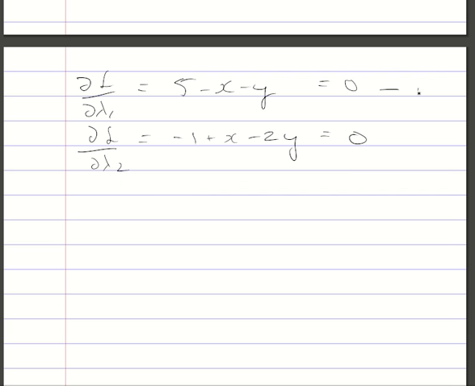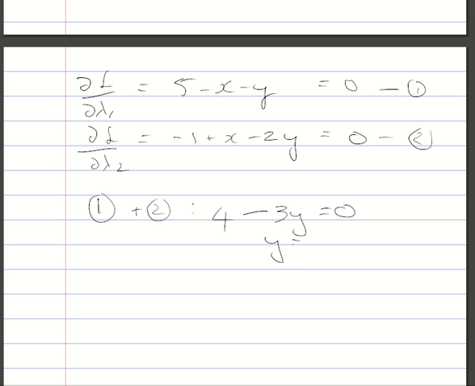If we call this equation 1, we call this equation 2, we actually just need to add the two. If you add 5 and minus 1, you get 4. If you add x and minus x, you get 0. If you add minus y and minus 2y, you get minus 3y.